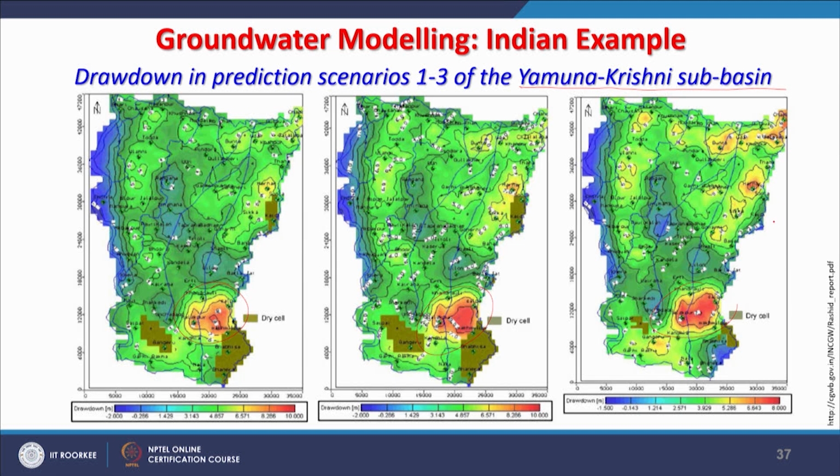When we approach the dry spell or dry season, the pre-monsoon period, the drawdown is showing red areas, otherwise just after the monsoon things are in much better shape.